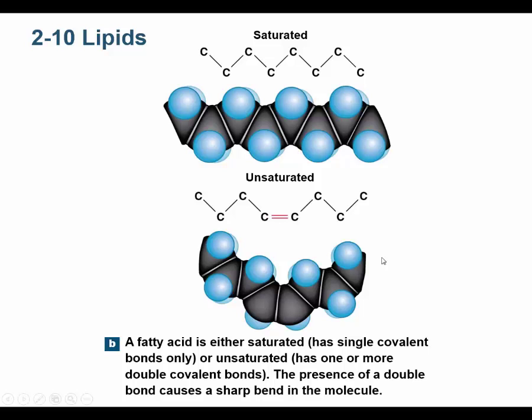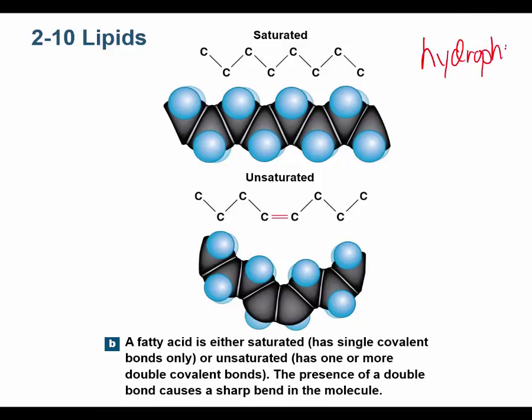Lipids. All right. Lipids aren't built on the monomer-to-polymer system. So there is no monomer of a lipid that I add thousands together to get a big lipid polymer. Lipids are a diverse class of macromolecules. So why are they all classified as lipids? Because they're all hydrophobic. That's what lipids have in common.